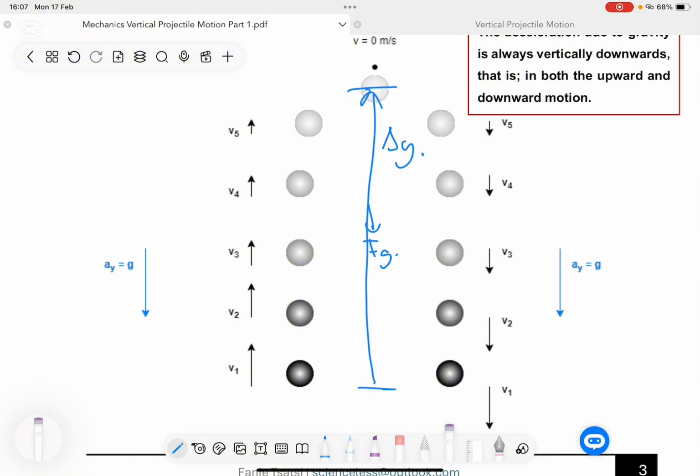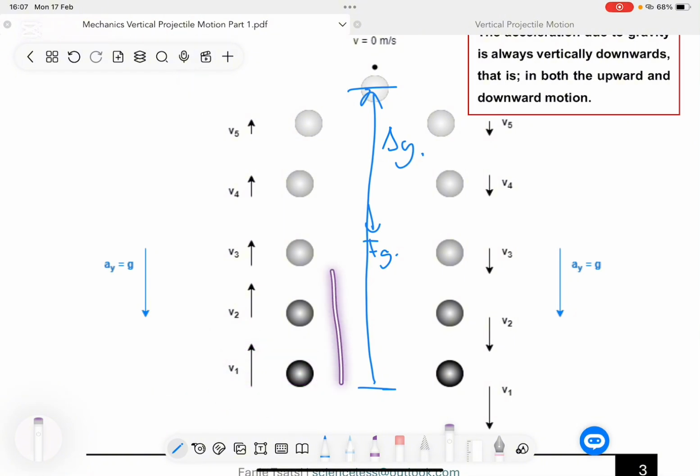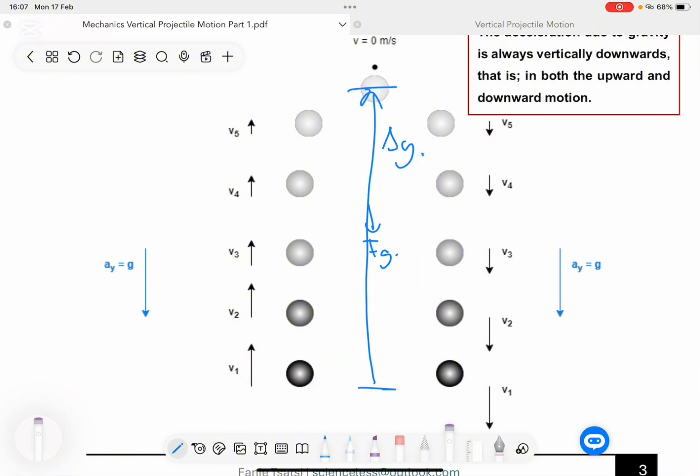So the displacement here would be a vector pointing upwards. The displacement will vary based on the initial velocity. If we throw this at a very high velocity, we might expect it to go the highest. If we throw it at a very small velocity, we might expect it to end maybe somewhere here. So the height, or the displacement, will vary depending on the velocity it was thrown with.